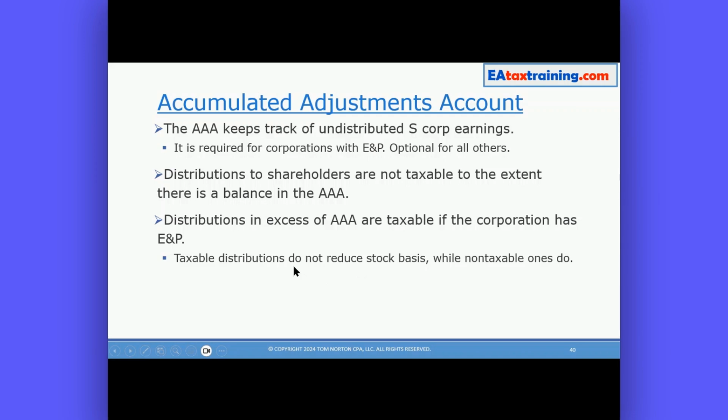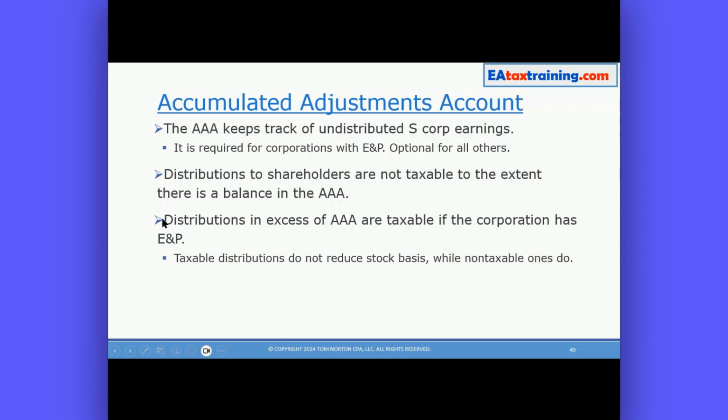So remember, we said one of the things that decreases stock basis in an S Corp are distributions. Well, if those distributions are taxable because they are a distribution of C Corp E&P, then they do not reduce the S Corp basis. So the important concept here is that AAA is tracking S Corp earnings, undistributed S Corp earnings. That is what is going into AAA.